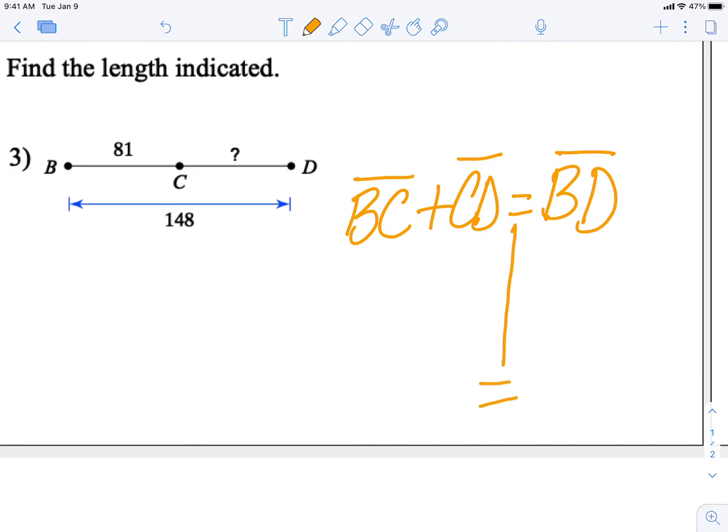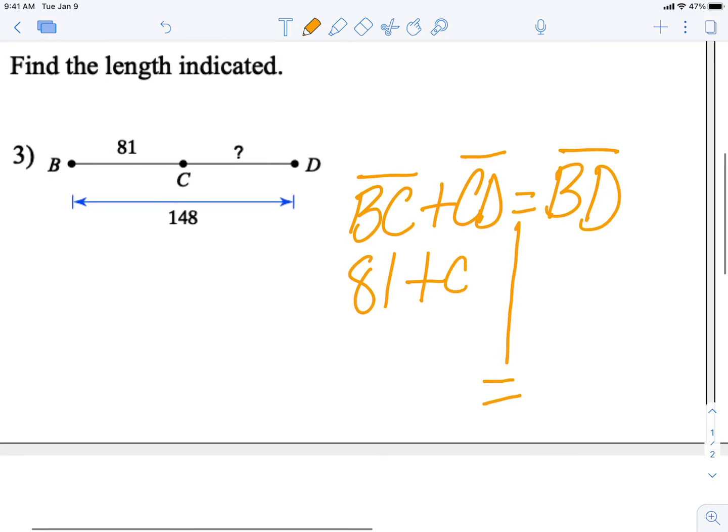Let's substitute now. B to C is 81. Look at that. So I know this is 81. Plus C to D is what? Question mark. We have no idea.